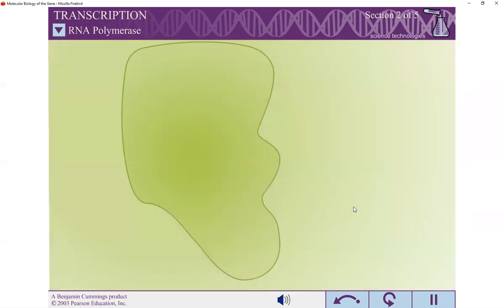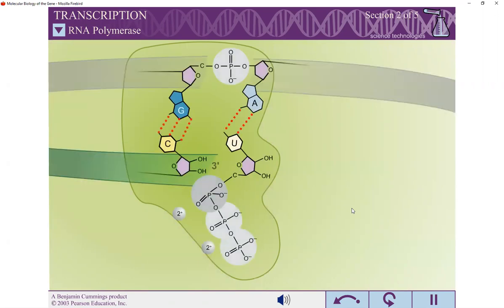The active site contains two metal ions. This is consistent with the mechanism for nucleotide addition described for DNA polymerase. The metal ions could be magnesium ion or manganese ion.